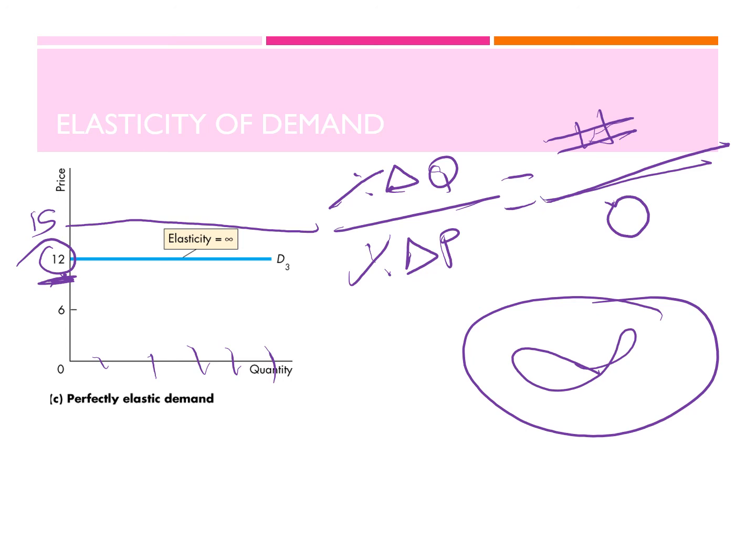But all you need to know in perfectly elastic demand is that you will get an infinite answer and the price is always constant. The change in demand is always changing, but the price is the one that is constant.